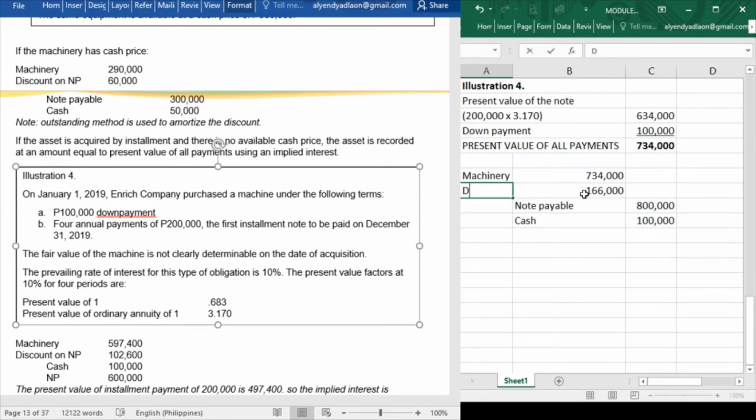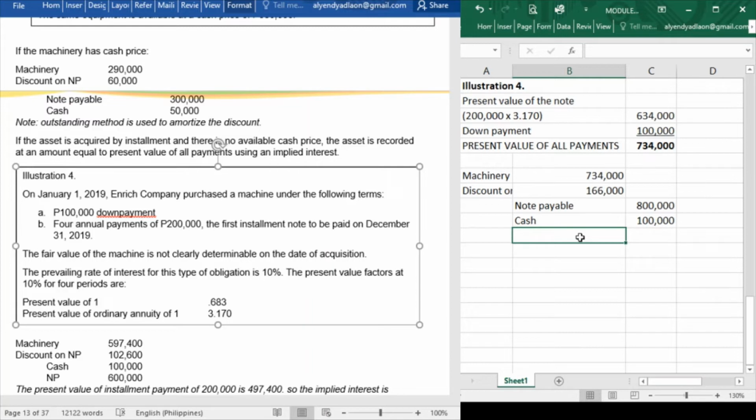So this will serve as our discount on note payable. Alright, now let us see if our journal entry is balanced. 734 plus 166, that is 900, and 800 plus 100, that is 900,000.